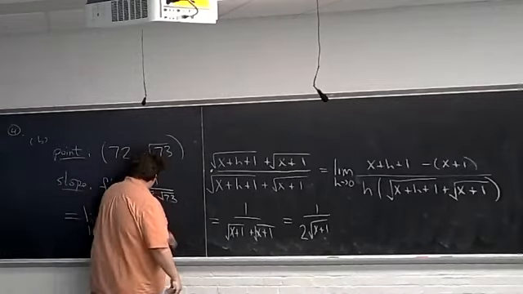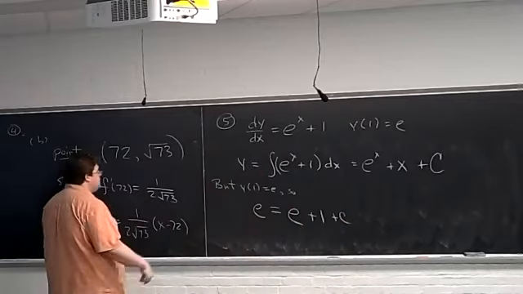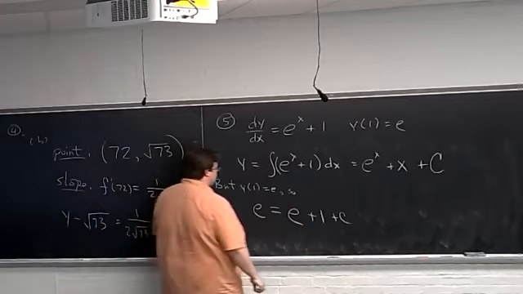But y of 1 equals e. So what does that mean? Well, when x equals 1, y equals e. So e equals e to the 1 plus 1 plus c. Solve for c, e's cancel, c equals -1.